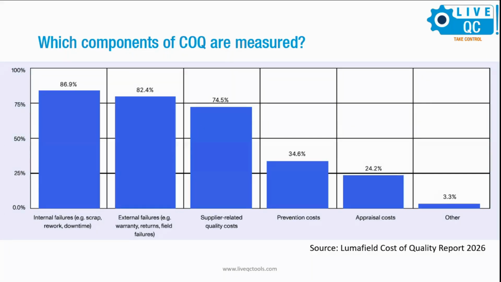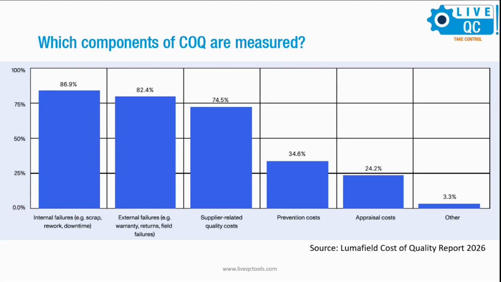I put in the beginning the tip of the iceberg, but there's a big iceberg at the bottom. We haven't looked at that yet. The comprehensive image of what is lying beneath the ocean comes only when we start mapping it. So the external failures, because customers are demanding replacements, we know that 82.4% of them said external failures.